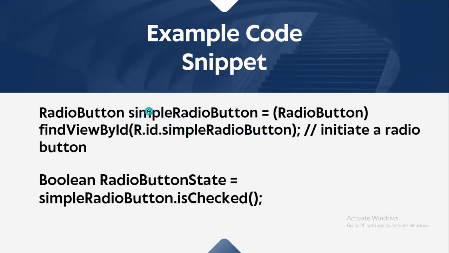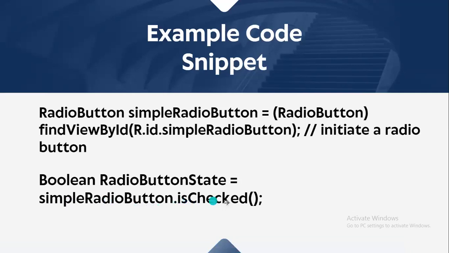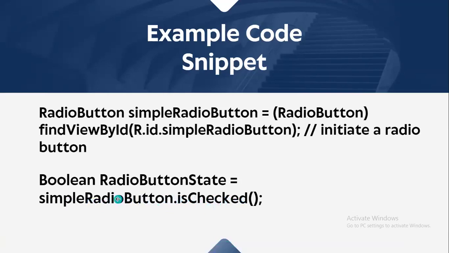This is the object name, and by using this object you can check whether that control is checked or not. For that you have to use the object name dot isChecked. This will return either true or false. Therefore, to store that value, we have taken one Boolean type of variable, that is radioButtonState. This is the variable name in which we want to store the current state of that radio button.